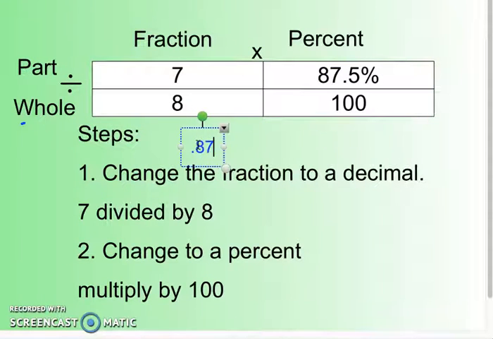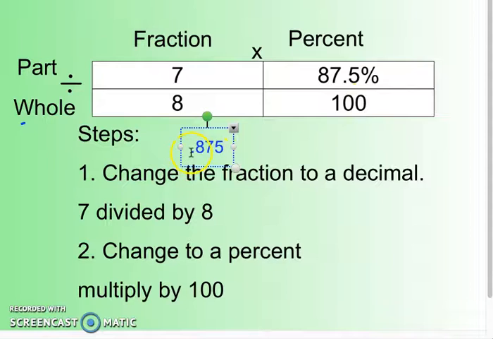What I want you to notice is, from our decimal to our percent, what happened to the decimal point? Yeah, you're right. The decimal point moved 2 places to the right because we are multiplying by 100. How many tens do we need to multiply together to get to 100? Or how many zeros does 100 have? 2.